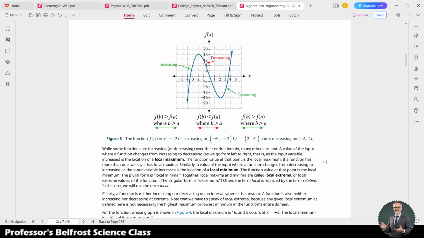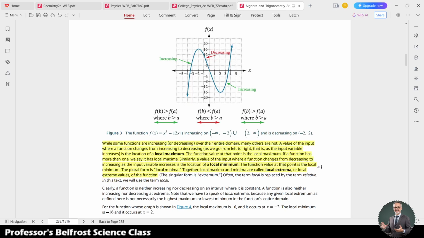Similarly, a value of the input where a function changes from decreasing to increasing as the input variable increases is the location of a local minimum. The function value at that point is the local minimum, and the plural form is local minima. Together, the local maxima and minima are called the local extrema, or local extreme values of the function.